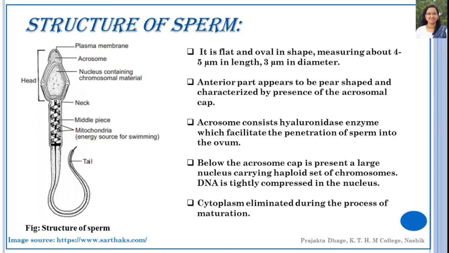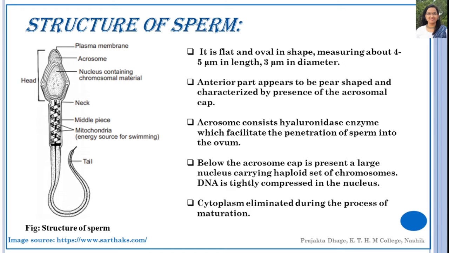Now exactly below the acrosomal cap, what you see is the nucleus. The nucleus occupies a major portion of this particular head region. If you see in the diagram, mostly it is entirely the nucleus. Now the nucleus here is a haploid structure, it has the haploid set of chromosomes.